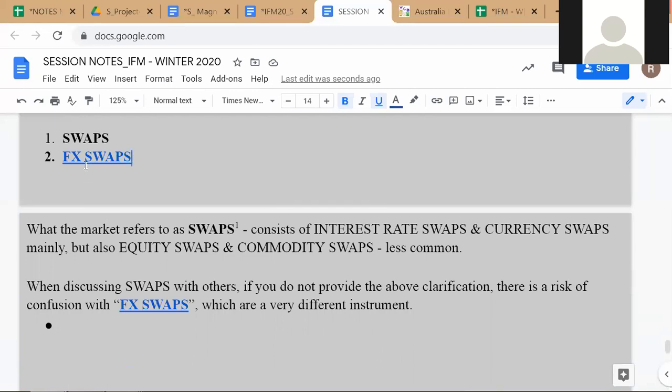It may seem like they're the same thing, but just a couple of words make a difference. So you have to be very particular about what you are referring to: the swap structures, which we will discuss just now, or FX swaps. You have to clarify what you're referring to in your discussion.